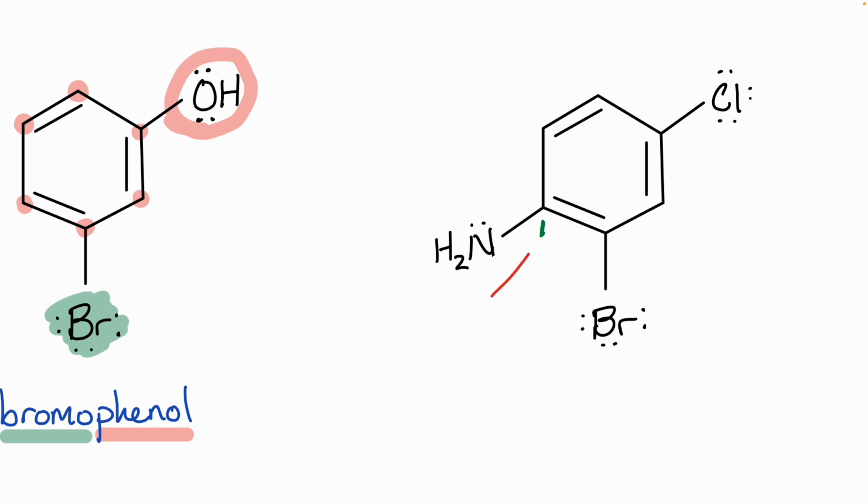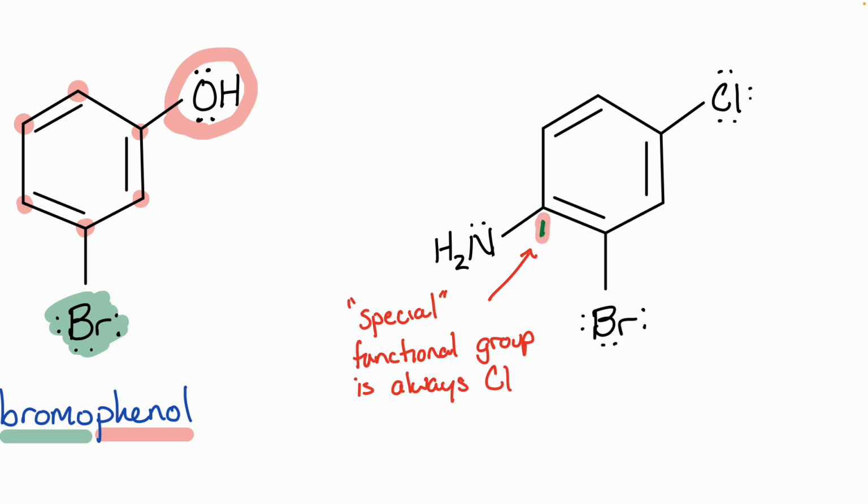So let's just note here that our quote-unquote special functional group is always carbon 1. With our special benzene derivative here, we actually only have two possible ways to number this parent chain, going either clockwise or counterclockwise. In this case, what would that be? Counterclockwise would be correct.